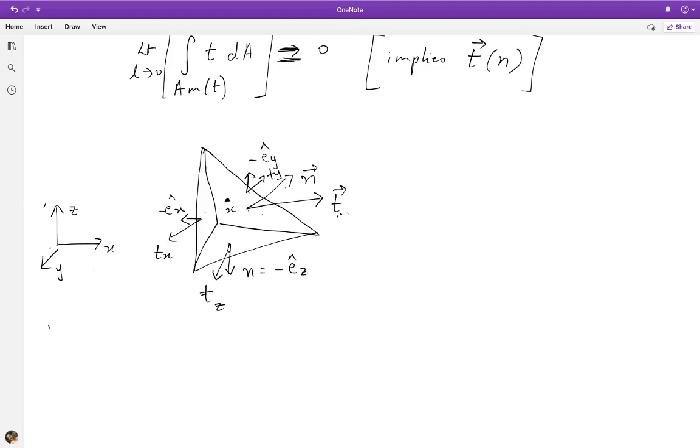And we can write a formula representing this by appealing to the fact that as this volume shrinks to 0, the sum of all forces should go to 0. So let's just write that down. This statement for our construction leads to the following. It says that T times, of course, the area on which it acts.